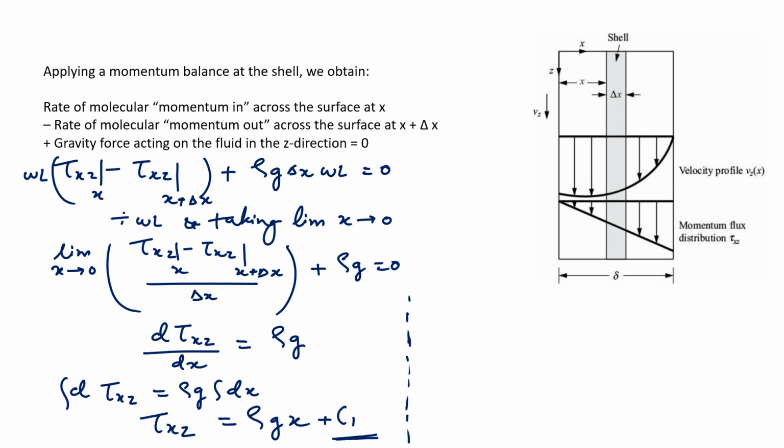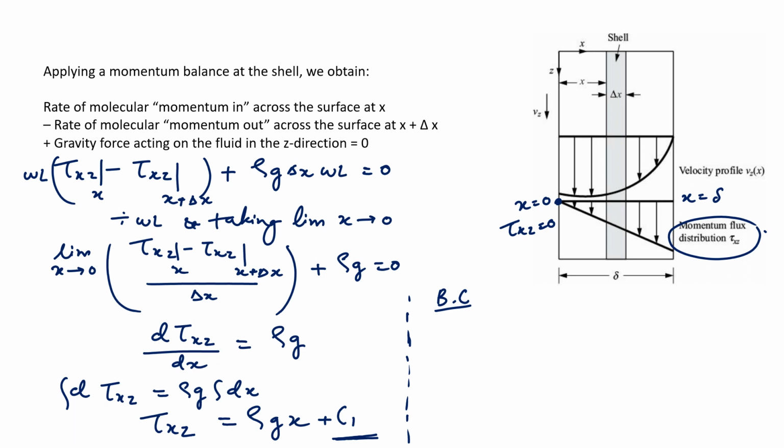To find the value of c1, I'll put boundary conditions. Now look at the diagram. Here in the momentum flux distribution, at x equals to 0, tau xz equals to 0, while at x equals to delta, tau xz is maximum, right?